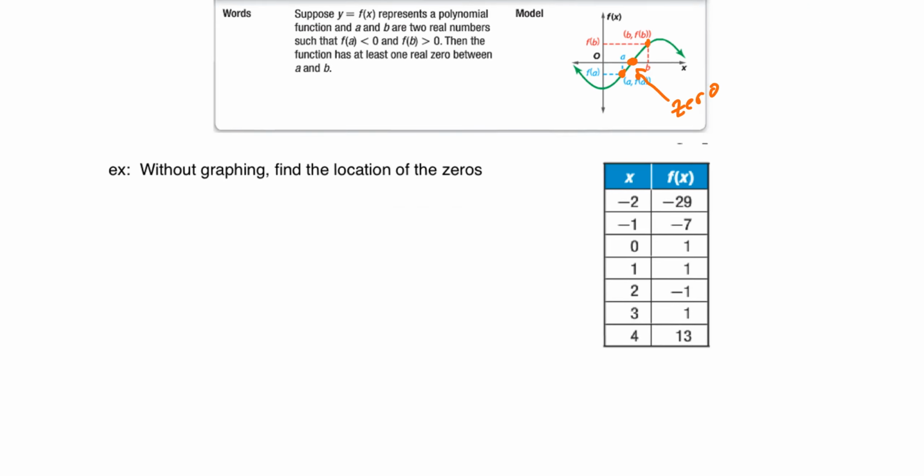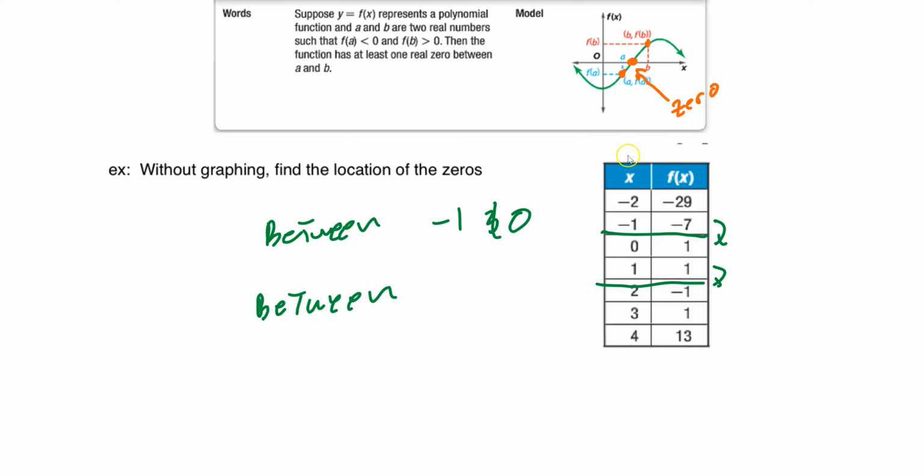So without graphing, let's see if we can find the location of the zeros here. So negative, negative, positive. There's 1 right here. So there's 1 between -1 and 0. So that's 1, 0. And then, so when it's negative, positive, positive, positive, negative. So there's 1 right here. Switch the signs again, right? From here to here, from here to here. So between, now again, notice it's between the x values we're talking about.